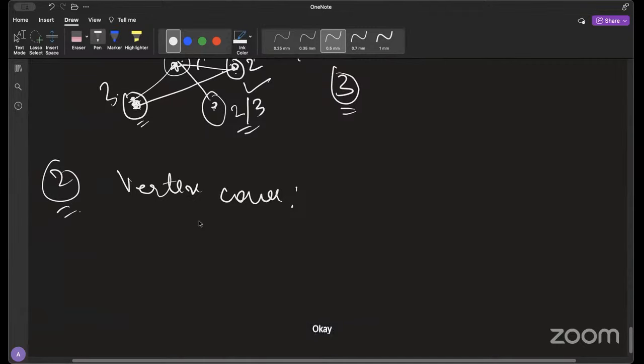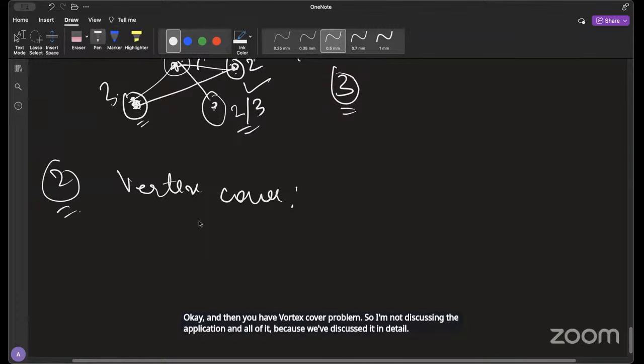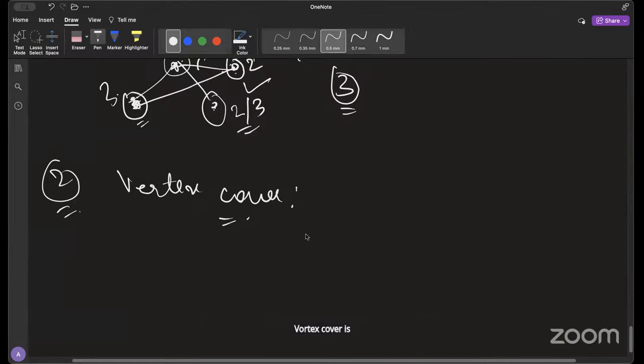Okay. And then you have the vertex cover problem. I'm not discussing the application and all of it because we've discussed it in detail in the lectures, the summary part of it. So you can go check it from there. We just quickly go through all of these applications of graph theory. Vertex cover is basically, when you have a graph, let's just say this is a graph.